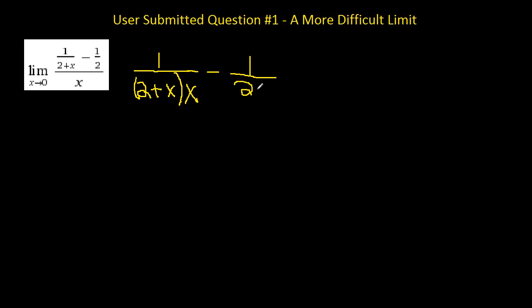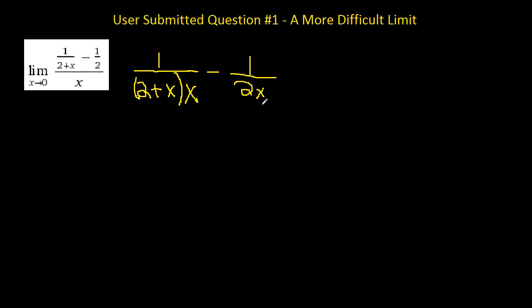And for now, I'm going to leave off the limit as x goes to 0 out of the front here, just so we can rearrange this, and then I'm going to bring that symbol back in. But throughout my explanation here, it's implied that this limit as x goes to 0 is still here. So, anyways, now that we have that out of the way, we have this here.